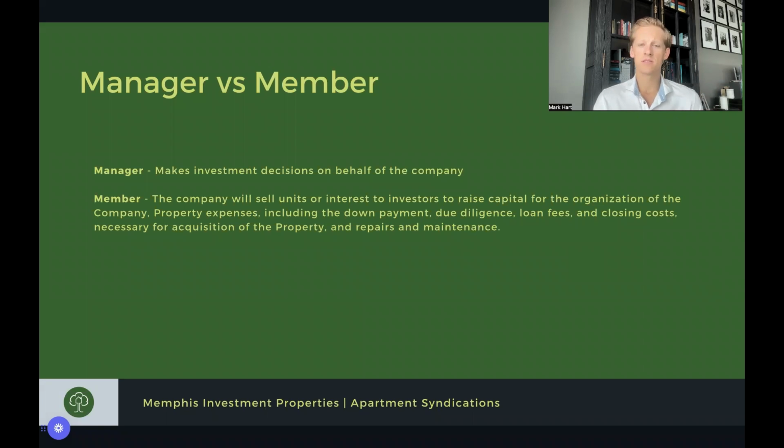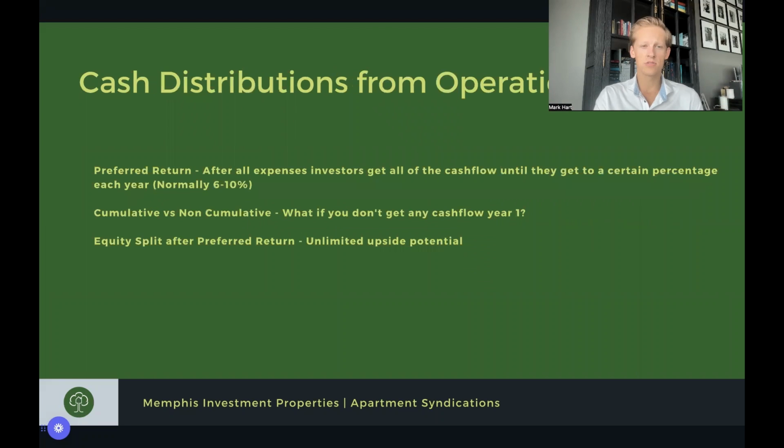And that allows the company to raise capital, so we can pay for property expenses, including the down payment, due diligence, loan fees, closing costs necessary for acquisitions of the property and repairs and maintenance. So in theory, the members, the limited partners, they bring the money. The managers, general partners, ourselves, we do all the work, and then we split the profits, right? Pretty great relationship between the two.